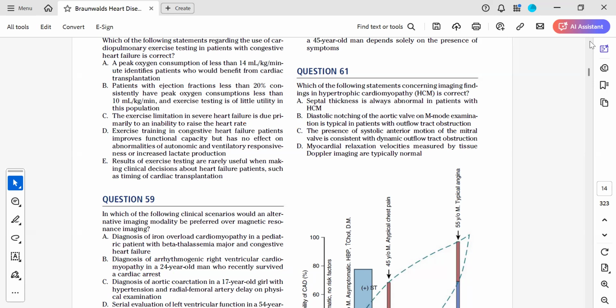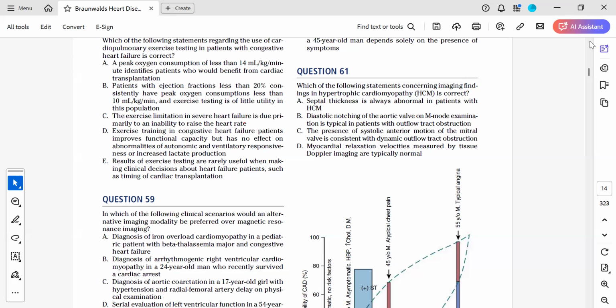This option is correct because for dynamic outflow tract obstruction to occur, there would be a presence of this systolic anterior motion of the mitral valve. That is what actually happens during systole: as it contracts, this anterior mitral leaflet almost occludes the left ventricular outflow tract, causing this left ventricular outflow tract obstruction. So option C is correct.